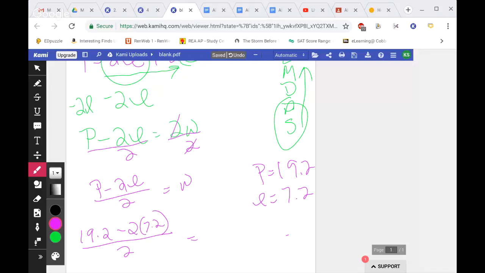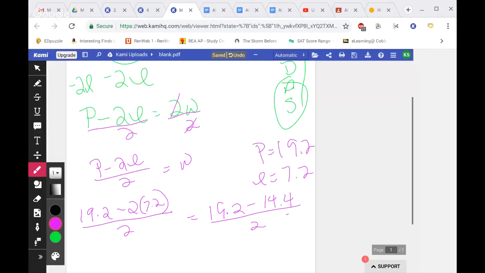And so then that's going to be 19.2 minus 14.4 divided by 2. And then that leaves me with 4.8 divided by 2, which equals 2.4. So the width equals 2.4.